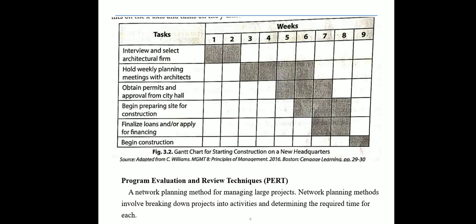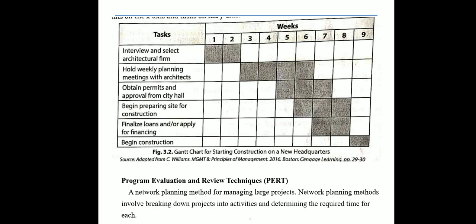An architectural firm must be selected by the 2nd week. Architectural planning done by the 6th week, permits obtained from the city by the 7th week, site preparation finished by the 8th week, and loans and financing finalized by the 8th week too. Then construction begins at the 9th week.